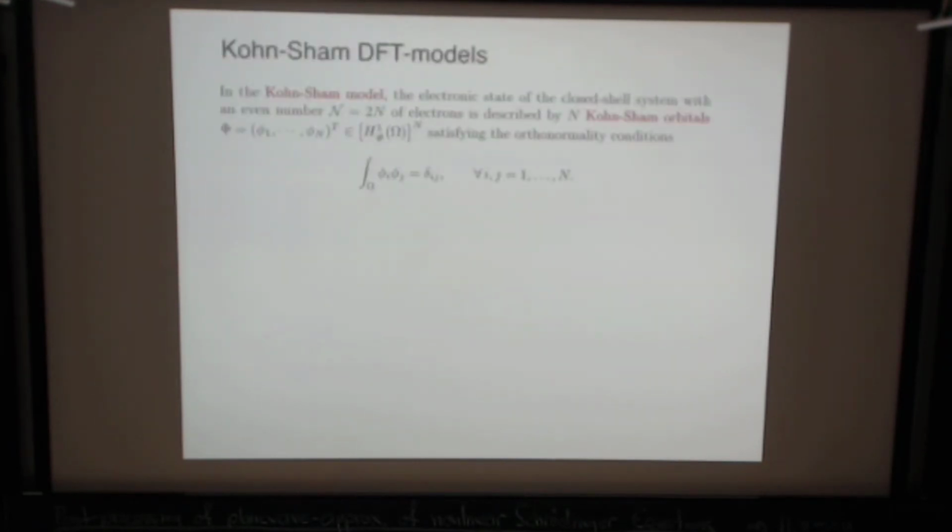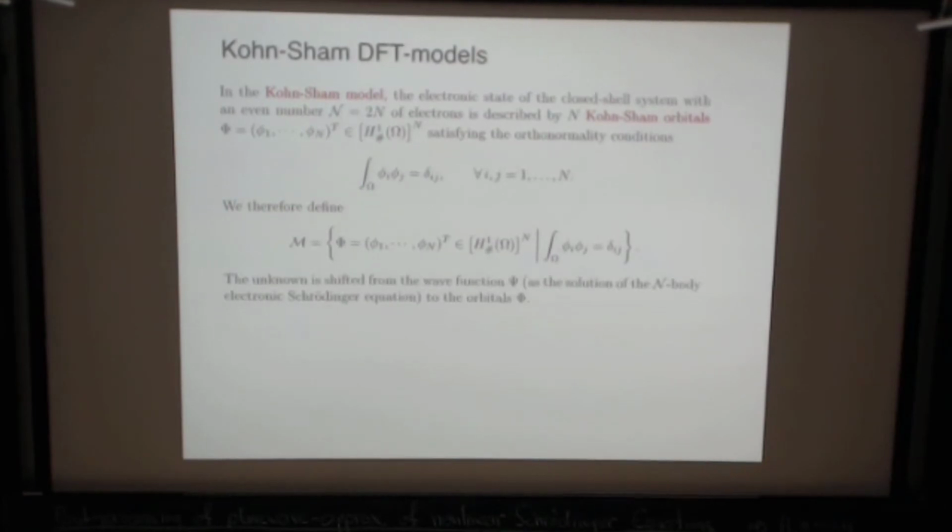Okay, so the Kohn-Sham model is to describe the electronic state of a molecule. So you're looking for the so-called Kohn-Sham orbitals. These are n orbitals, functions in H1. They need to be mutually orthonormal. And you look therefore at this Stiefel manifold of possible candidates.